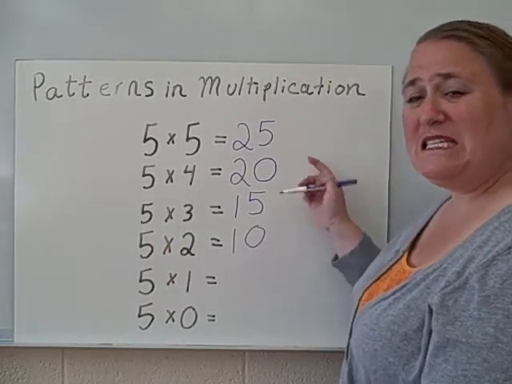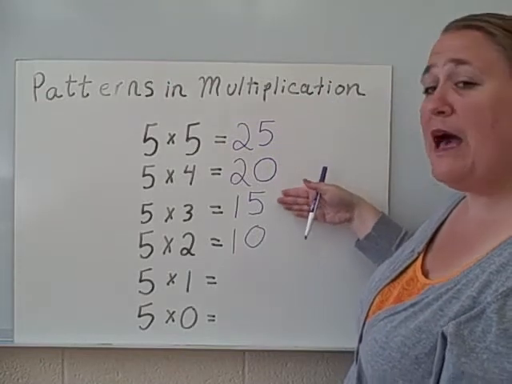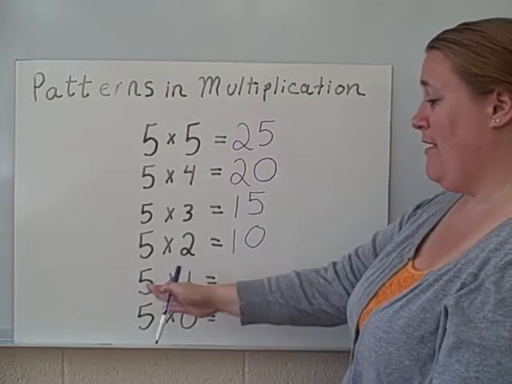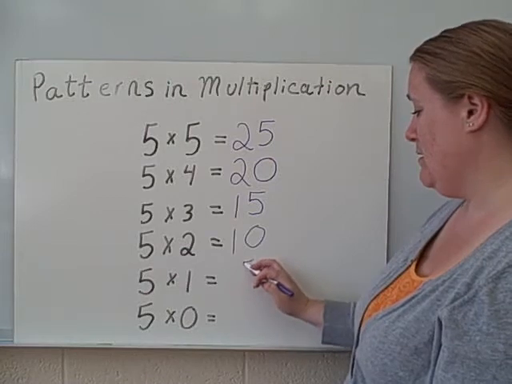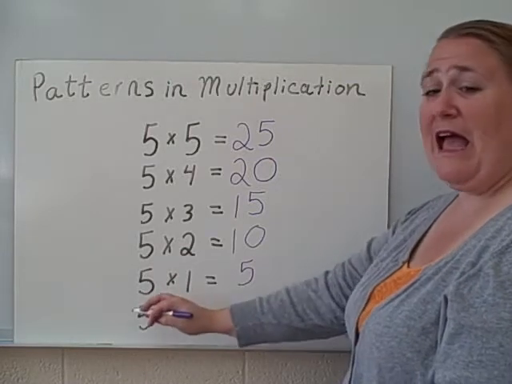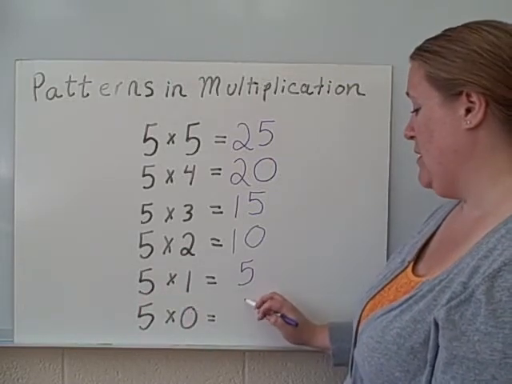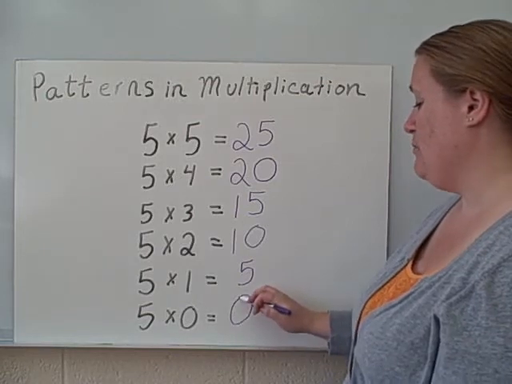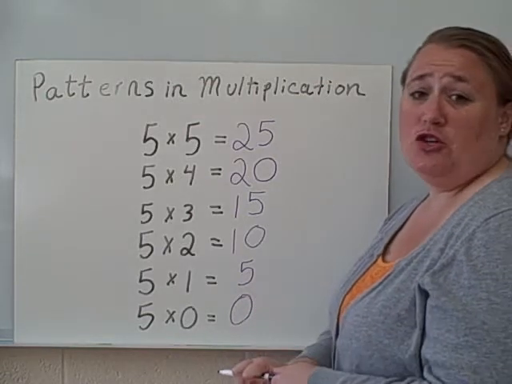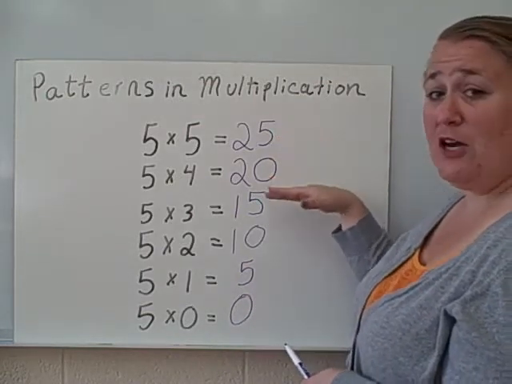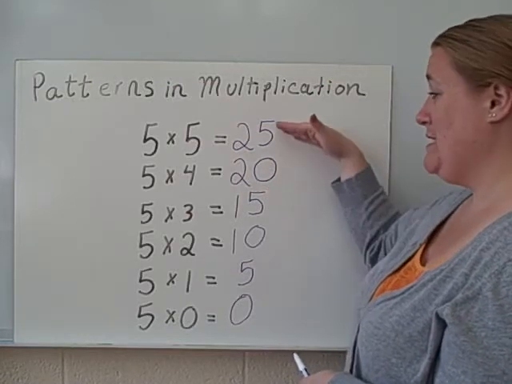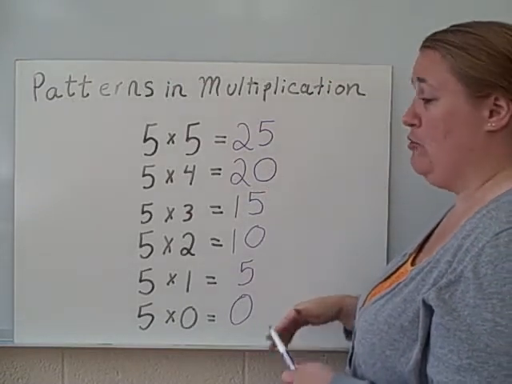You should be seeing some sort of pattern happening here. 5 times 1 is 5, and 5 times 0 is 0. So make sure that you recognize what this pattern is, what's happening here as we go, okay?